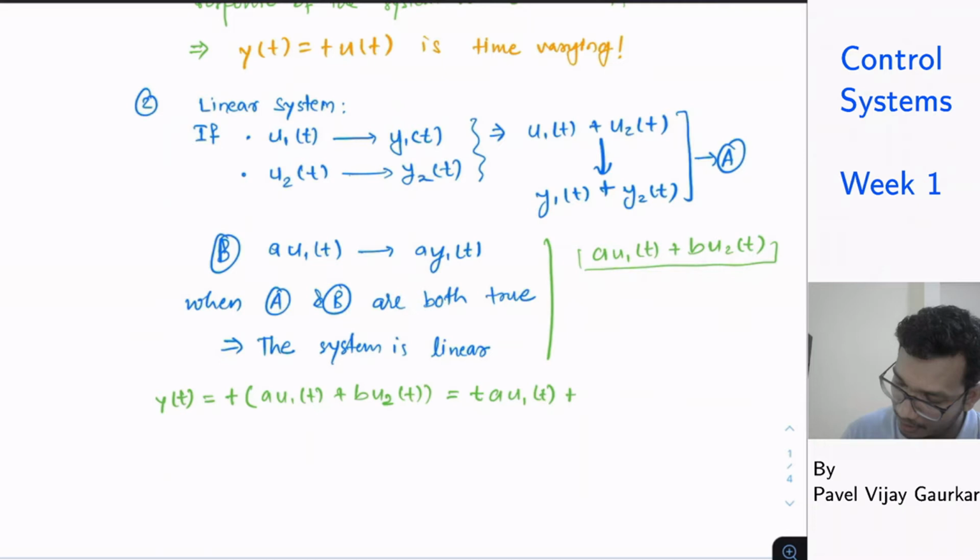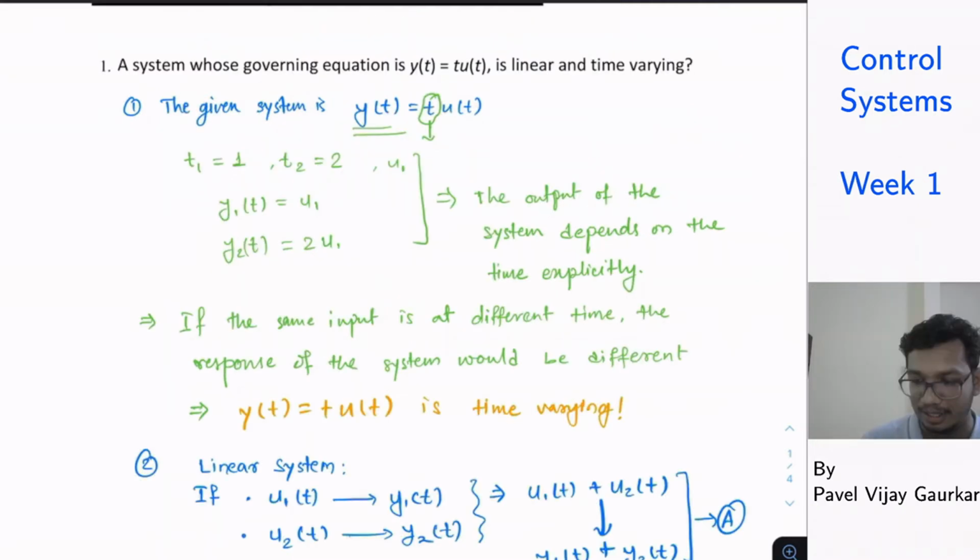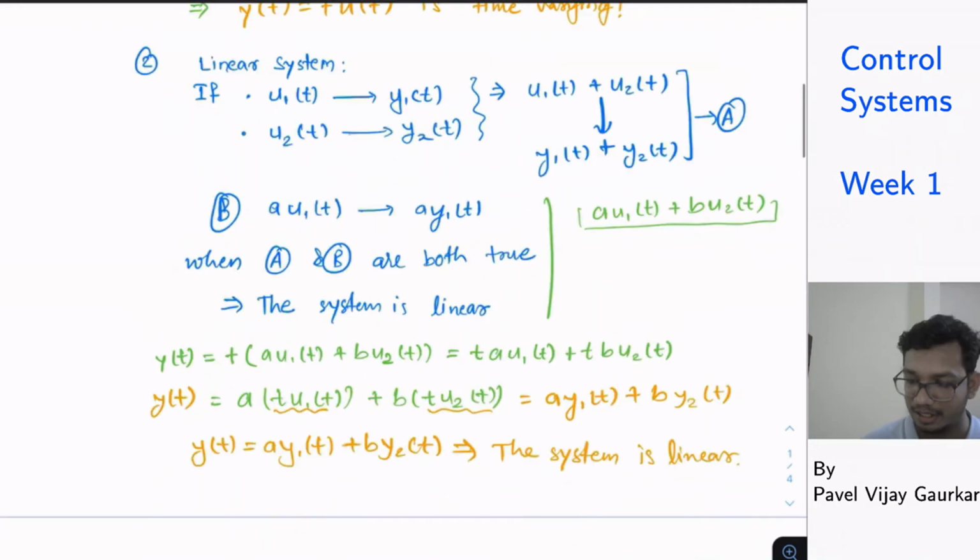Our first question was: we have been given a system and we want to figure out whether the system is linear and whether it is time varying. If we give the same input at two different times, we can see that the output of the system is different. That means it is time dependent, and a linear system essentially follows the principle of superposition.